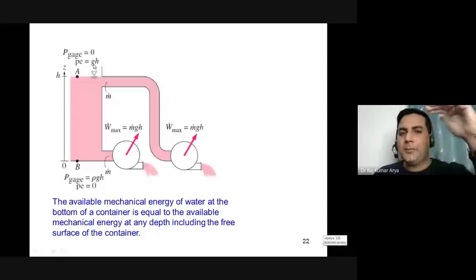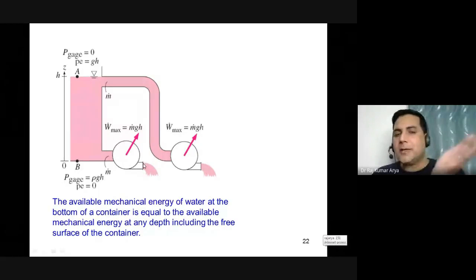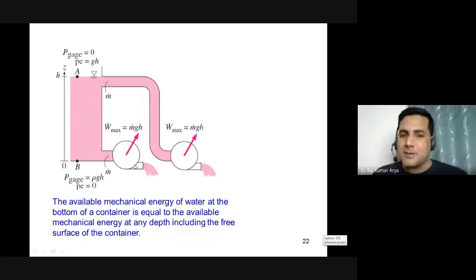You are at a particular height, so it has some potential energy, that is rho gh, or mgh. At the point where the fluid comes out, it is going out to the atmosphere, so you don't have a gauge pressure there.